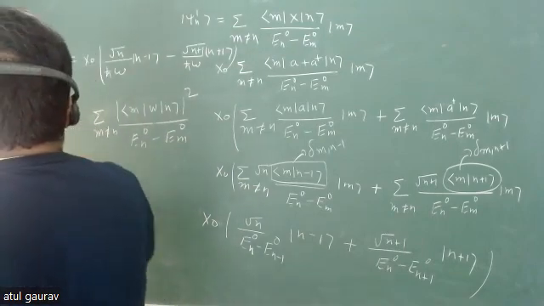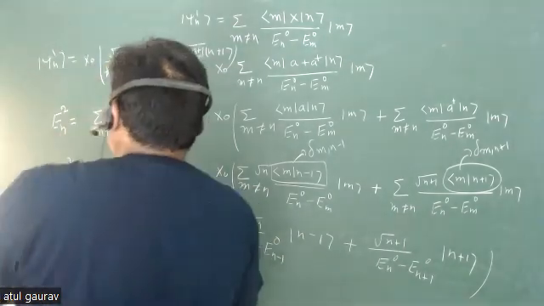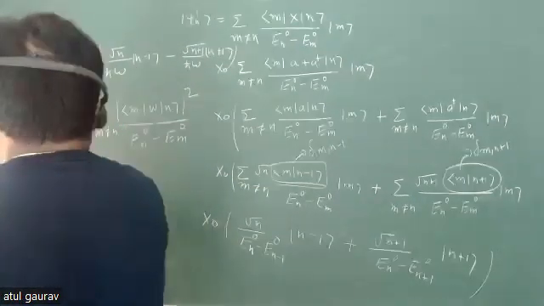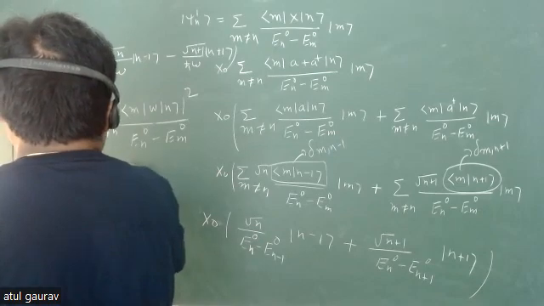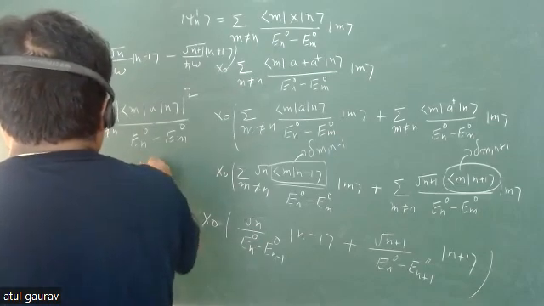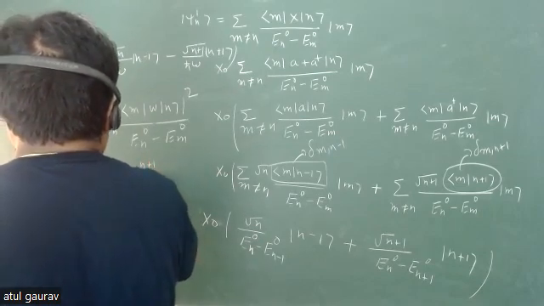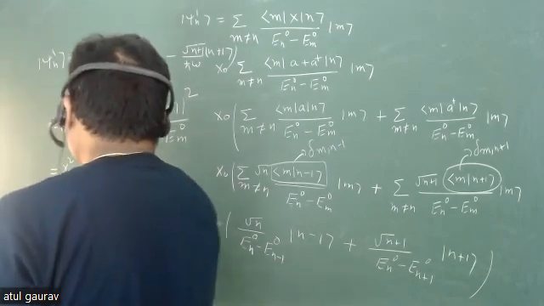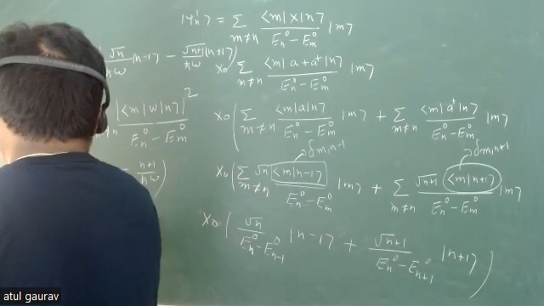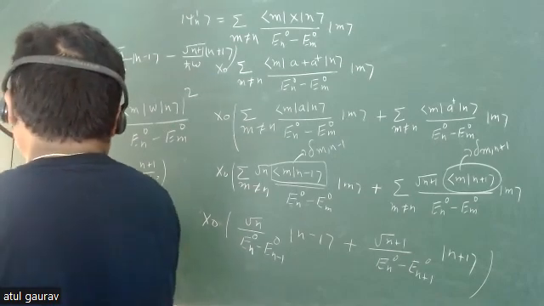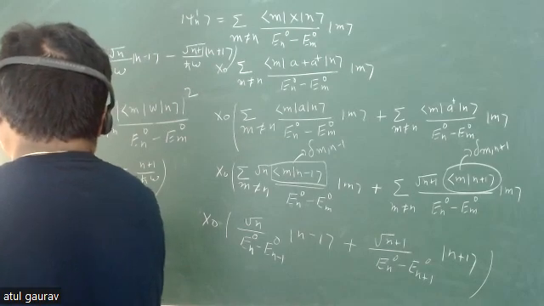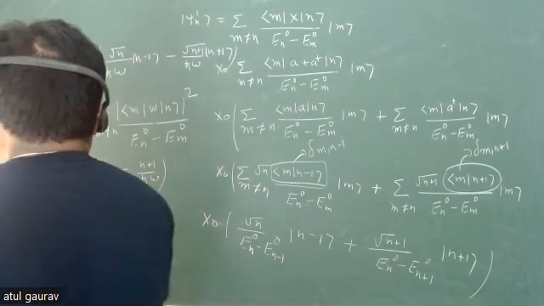x naught square, because you have to take mod square, so this will be there, and you have mod square n upon h cut omega minus n plus 1 upon h cut omega. So this will be your answer. और इसे आप देखोगे, so this is your x naught square by h cut omega, minus 1.